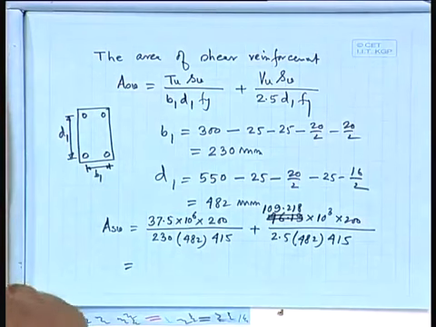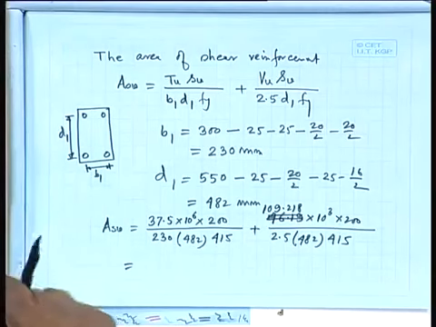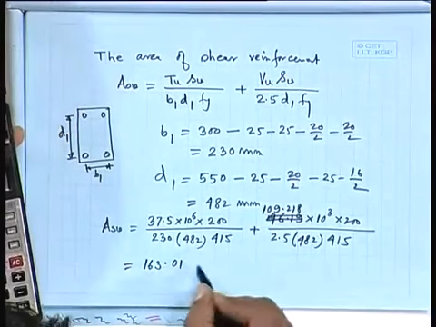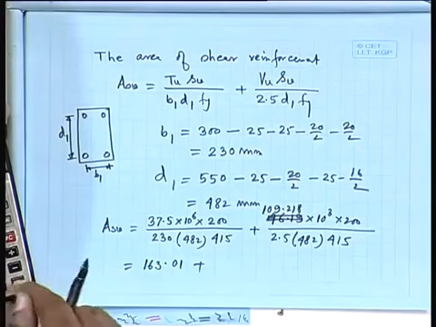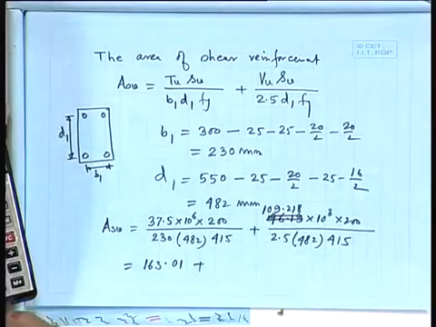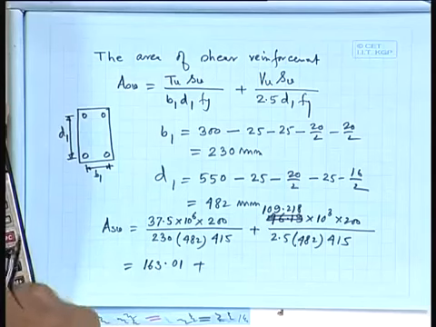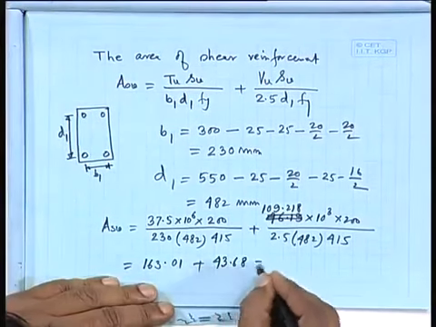So 37.5 10 to the power 6 into 200 divided by 230 divided by 482 divided by 415, which comes as 163.01, plus 109.218 10 to the power 3 into 200 divided by 2.5 divided by 482 divided by 415, which comes as 43.68.